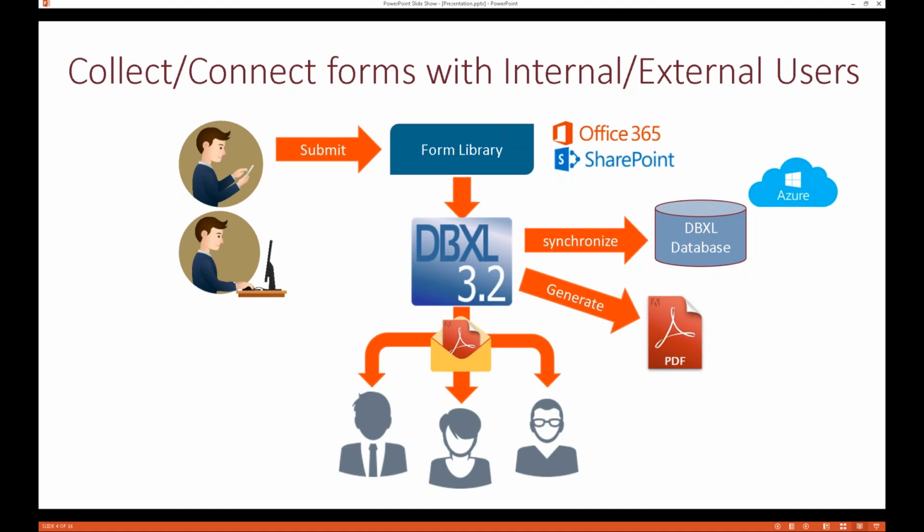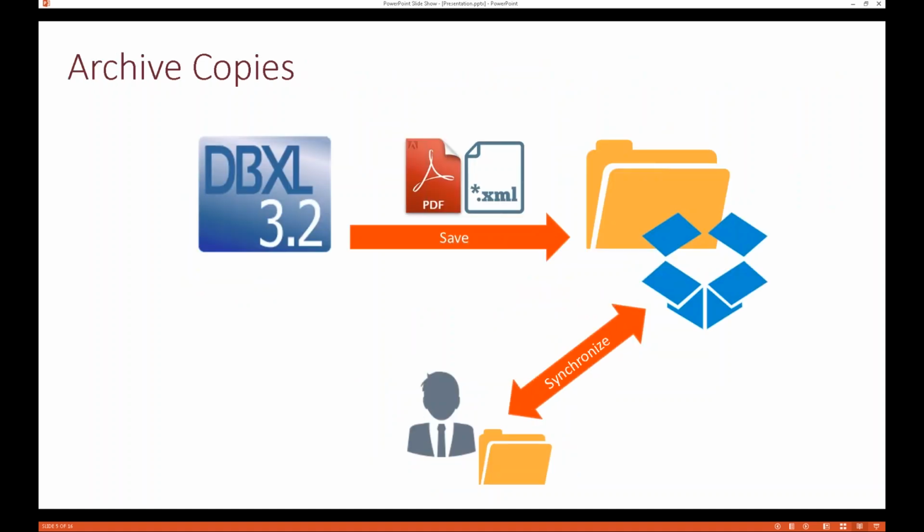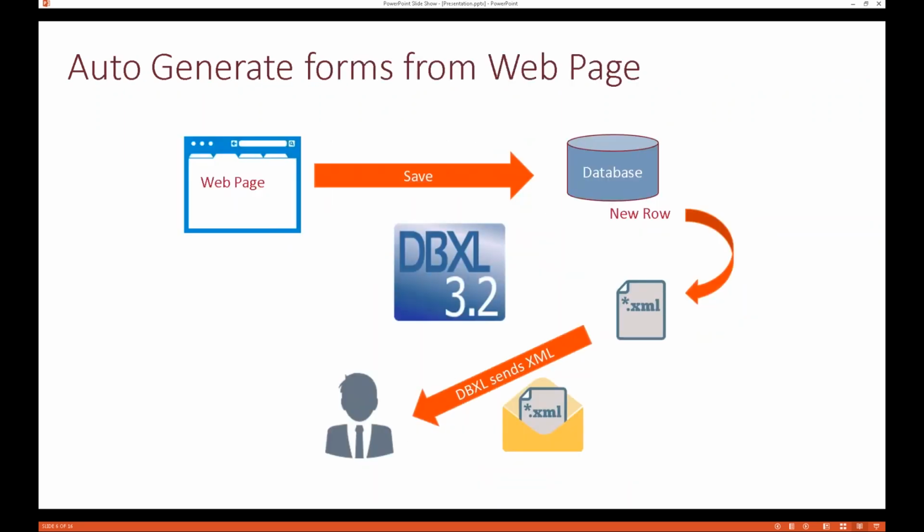You can generate a PDF that gets sent out to people when that form is submitted. Another PDF scenario is when you want to archive data. You can submit it to that library and then remove it from the library and archive it as PDF or XML into, say, a OneDrive or a Dropbox share, and then synchronize that.